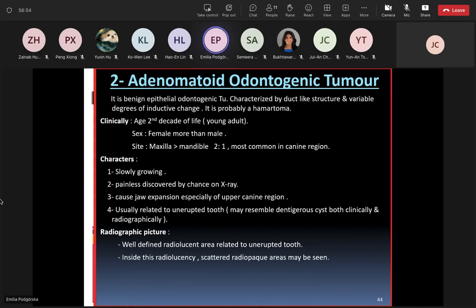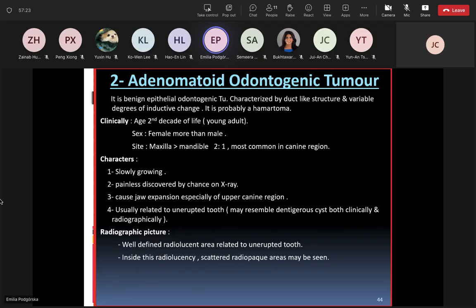Adenomatoid odontogenic tumor is a benign epithelial odontogenic tumor characterized by tooth-like structures and variable degrees of inductive change. It is probably a hamartoma. Clinically, age: second decade of life, young adult; female more than male; maxilla more than mandible 2 to 1; most common in the canine region.